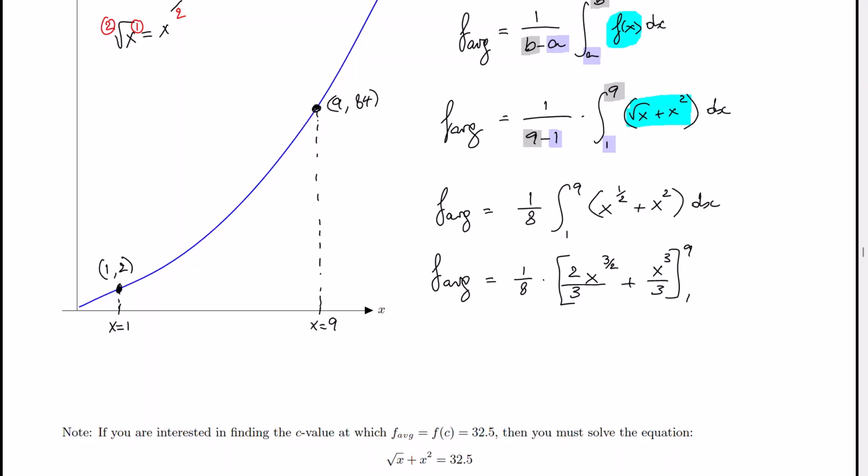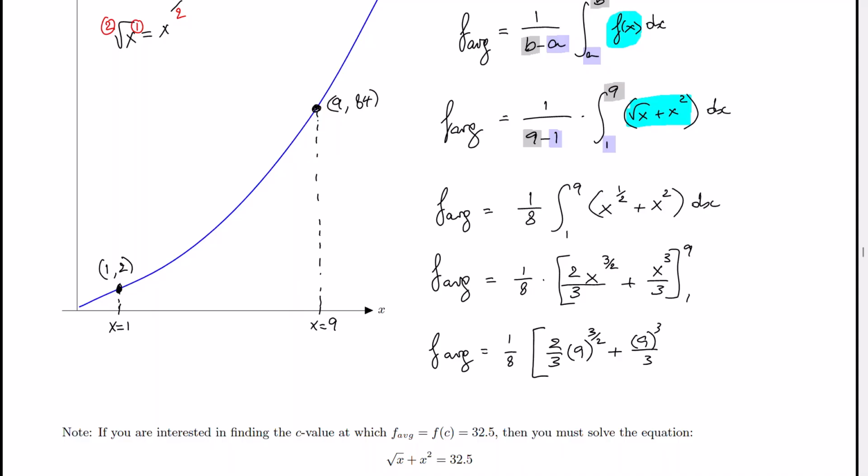So now it's time for the fundamental theorem of calculus to take over. What we've got to do next is put the 9 into all the x's, then put the 1 into all of the x's. So we'll start off with the 9 first. And so the average value of the function f, f(avg), is 1/8 times 2/3 with 9 to the power of 3/2 plus 9 cubed divided by 3.